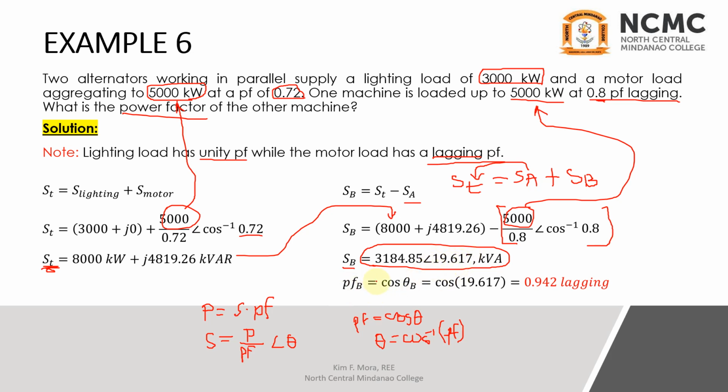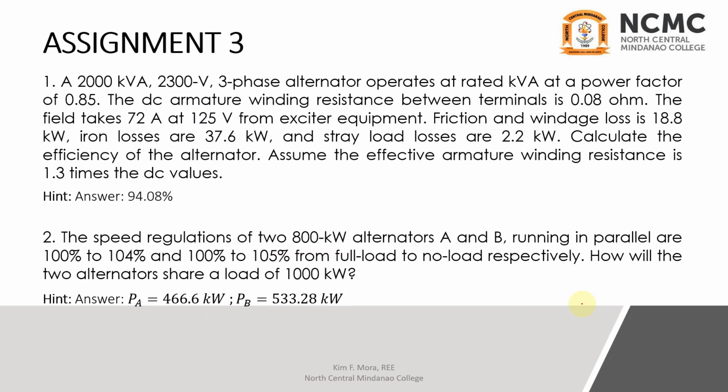Power factor is equal to the cosine of theta, so we substitute the value of theta, which is 19.617. Cosine of 19.617 is 0.942 lagging. So the power factor of machine B is equal to 0.942 lagging.